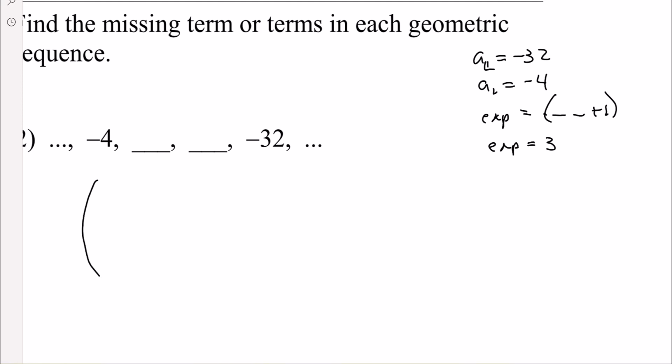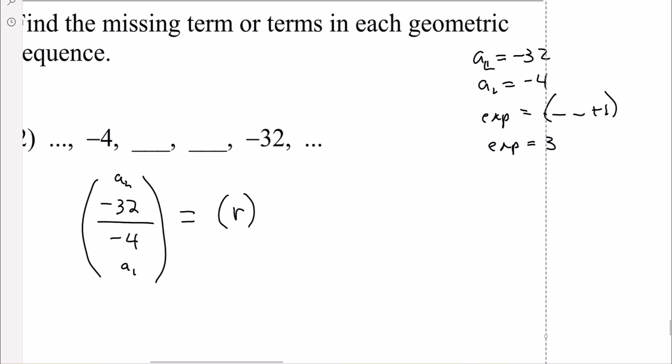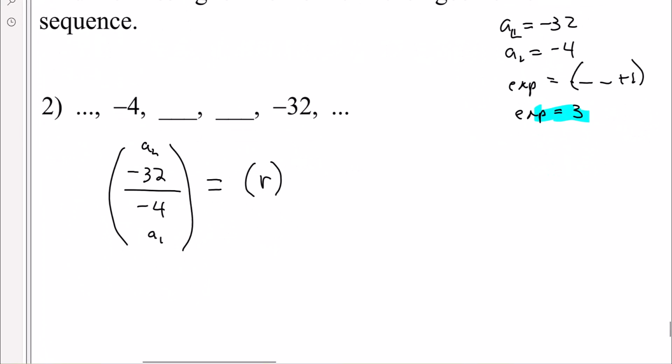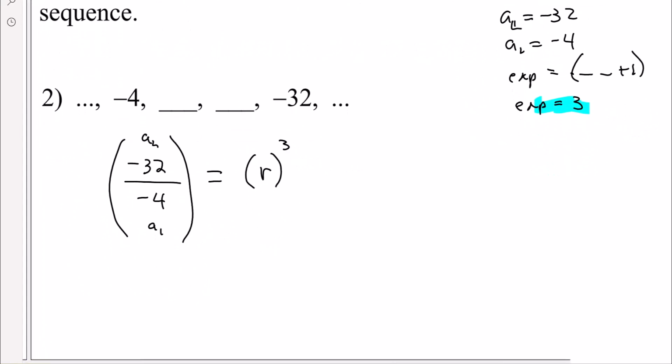So we're going to do a sub L divided by a sub 1, and that's going to equal the common ratio to the third power. So negative 32 divided by negative 4 is 8, and that equals the common ratio cubed.